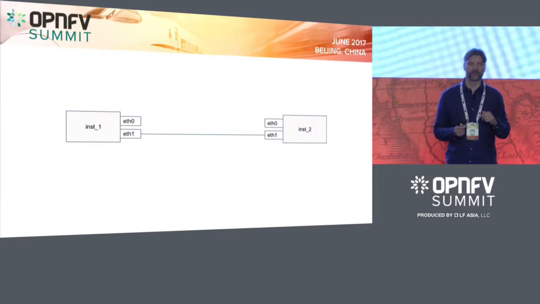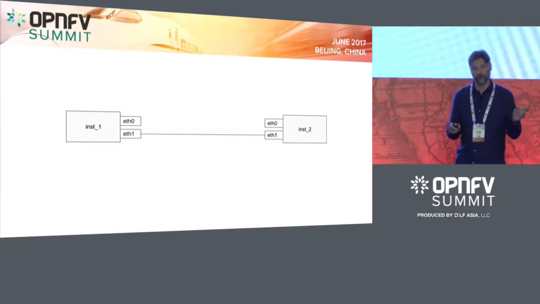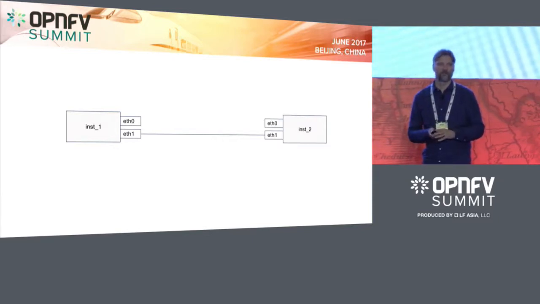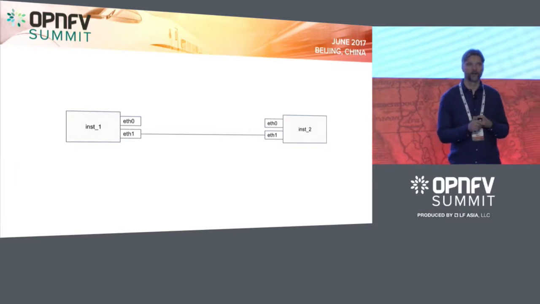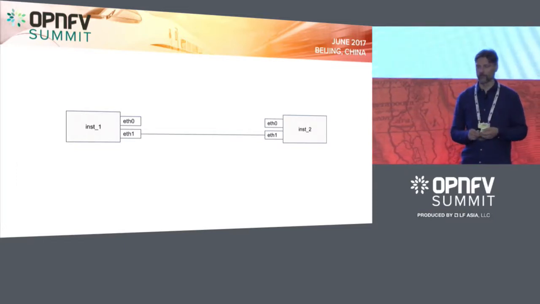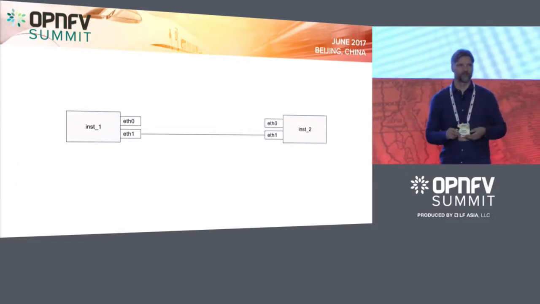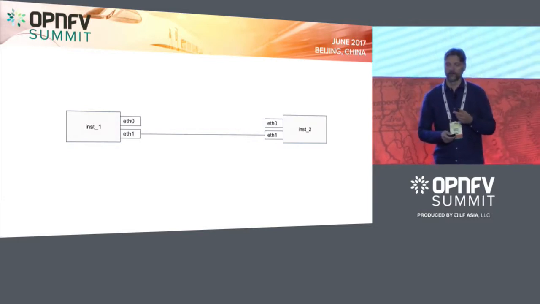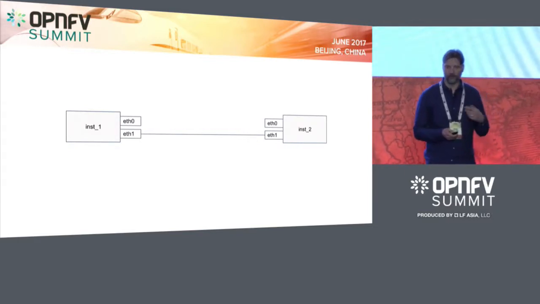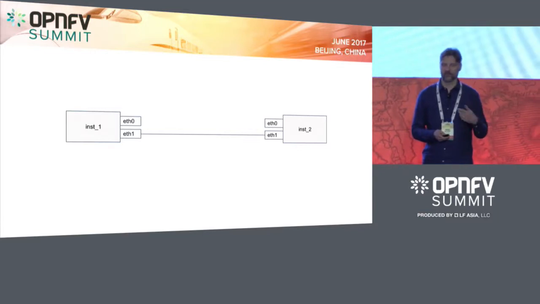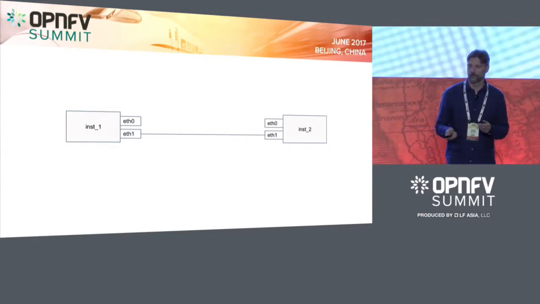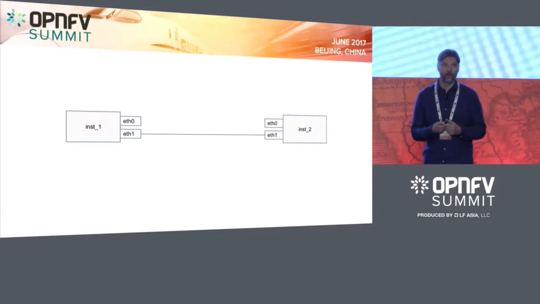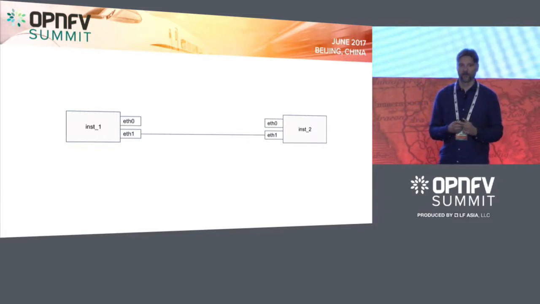I have two Ethernet interfaces on the two instances, and I just send a ping packet from one virtual machine to another virtual machine. I did it by hand, wrote down on a piece of paper all the information, the MAC addresses and IP addresses and so forth, and traced through everything that happens and tried to understand it.